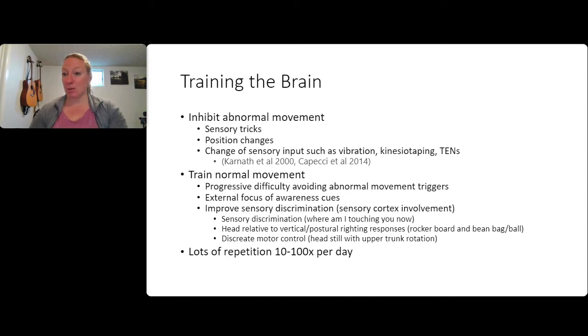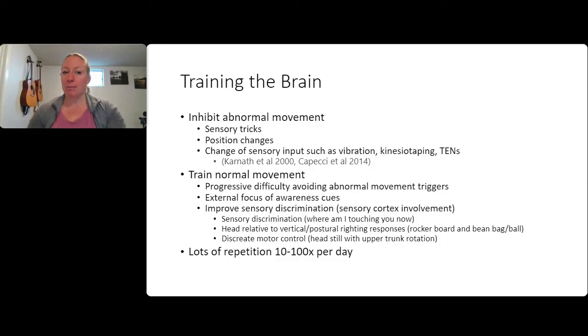And then we want to train the normal movement pattern. So progressively progressing that difficulty and really trying to avoid the abnormal movement triggers. And so you might have to progress a little slower than you would with someone else, and just kind of watch closely. Again, external focus of awareness cues, and then improving sensory discrimination can be really helpful here because of that sensory cortex involvement.